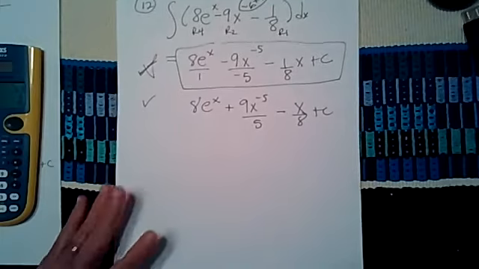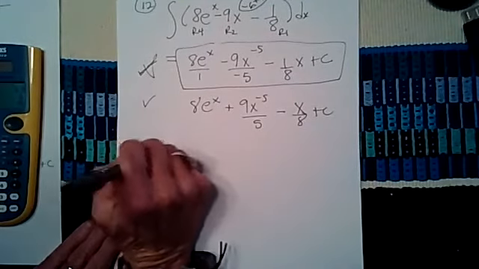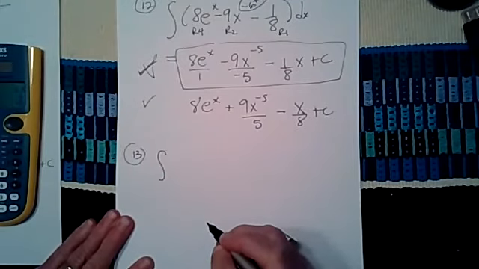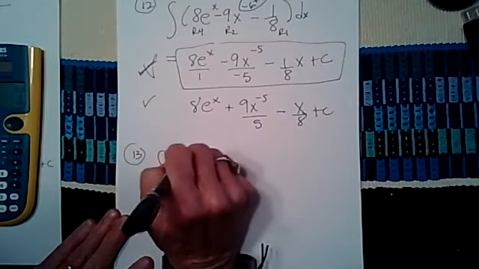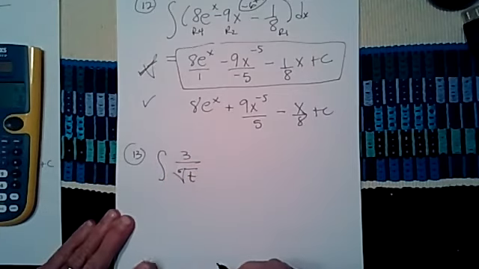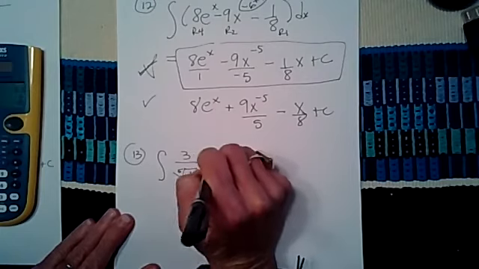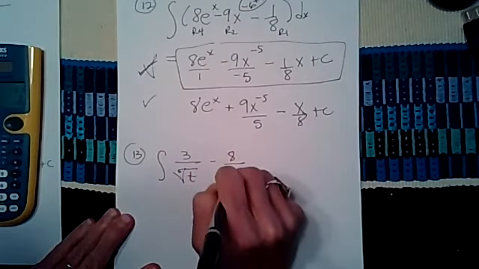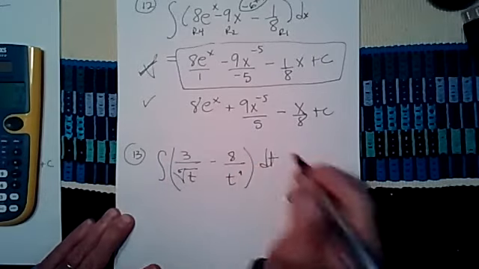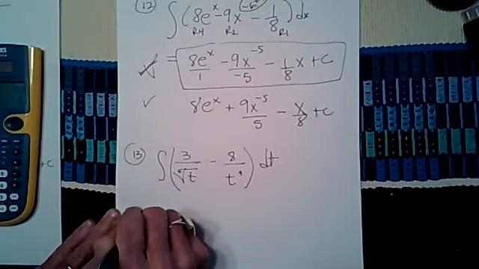Okay, so let's look at question number 13. That's the integral of 3 over the 5th root of t minus 8 over t to the 4th dt. So I definitely have some rewrite steps to do.